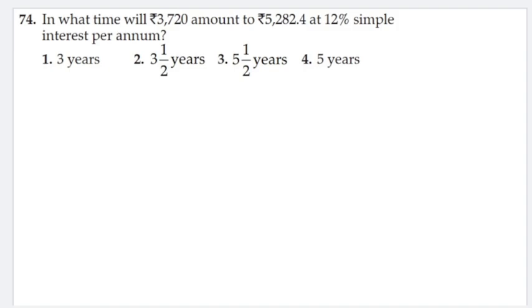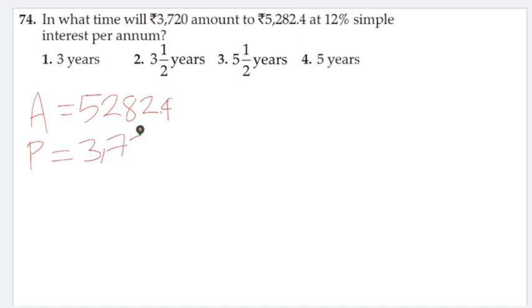So first the final amount that is given in this question, amount A is equal to 5,282.4. Okay. Now the principal amount P here is 3,720.